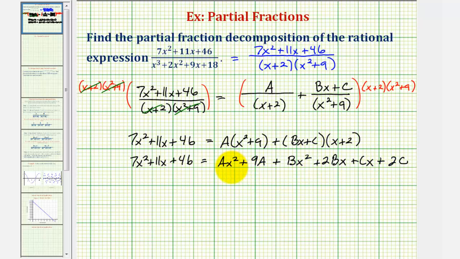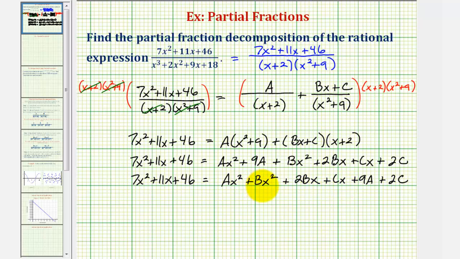Now we'll group the x squared terms together, the x terms, and the constants. So we have ax squared plus bx squared, and then we have 2 x terms. We have plus 2bx plus cx, and the constant terms would be 9a and 2c. So plus 9a plus 2c.